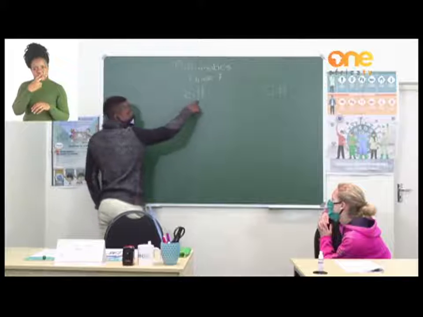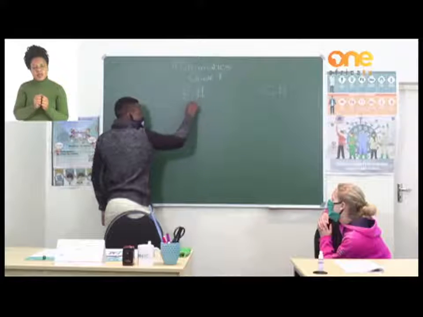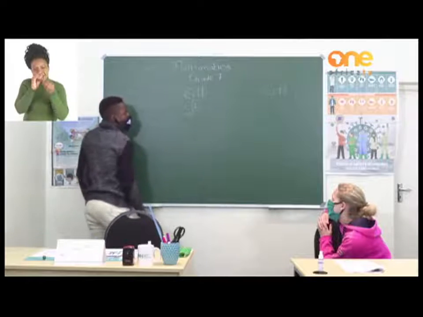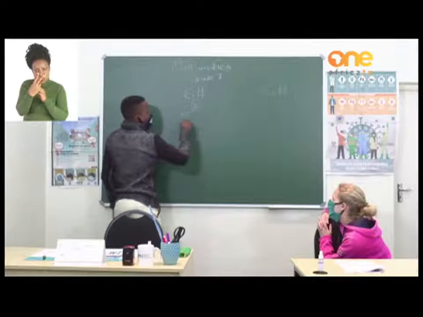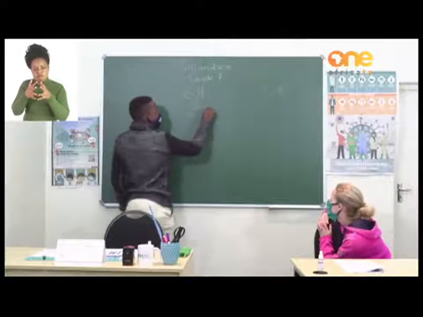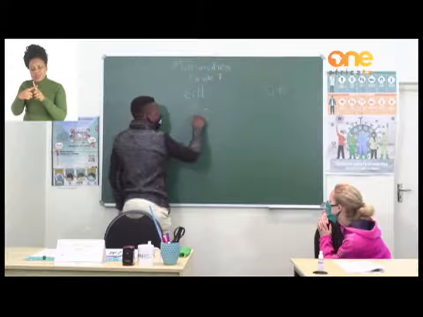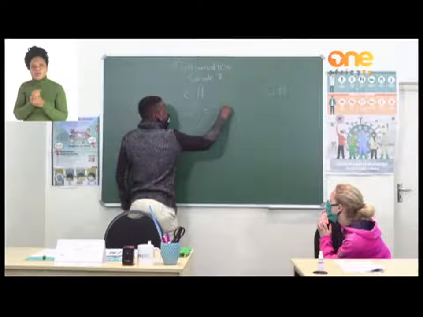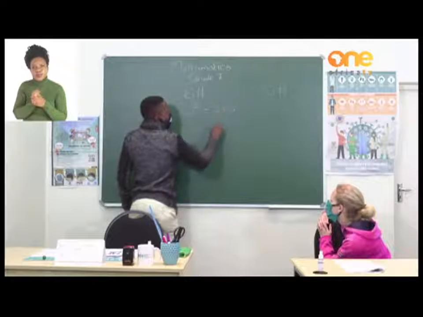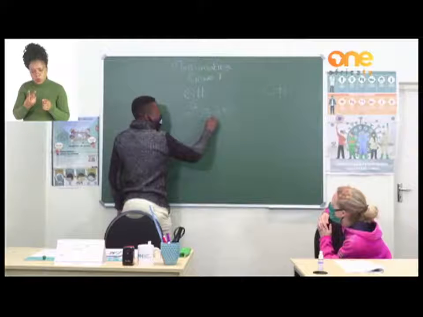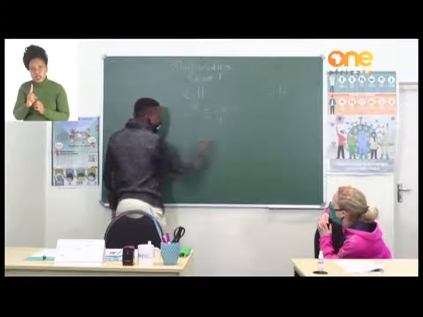Whenever a number is a square number, it has this little power here, which is a 2. And you can also expand it in this way. You say 2 times 2 to give you a 4.